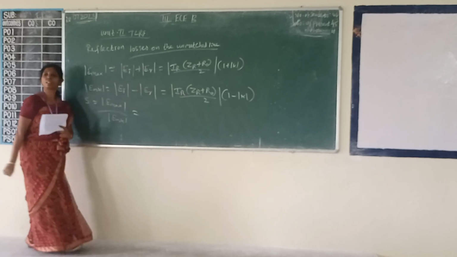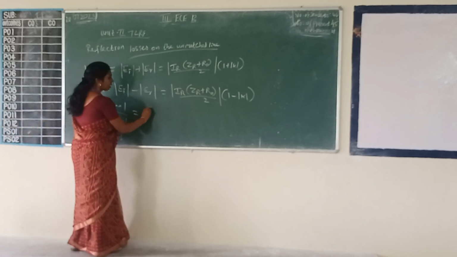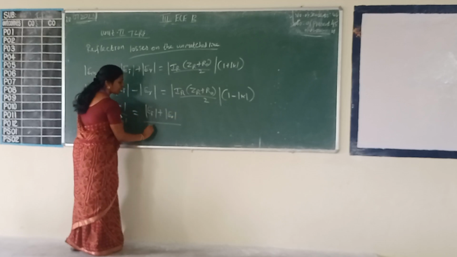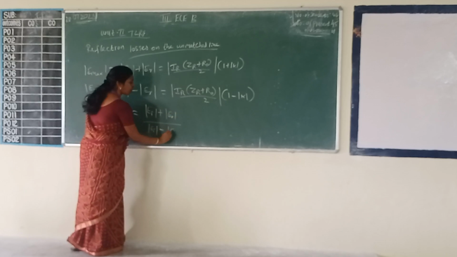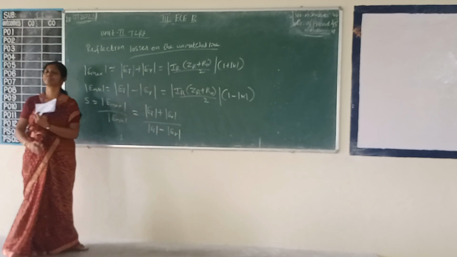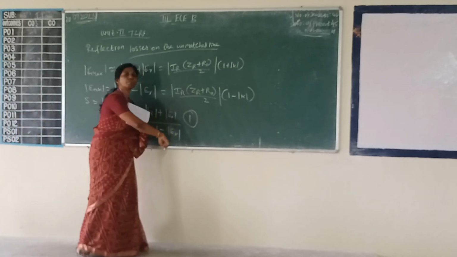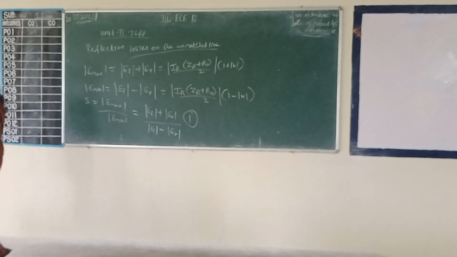That is equal to modulus of EI plus ER by modulus of EI minus modulus of ER. So this is equation number 1.